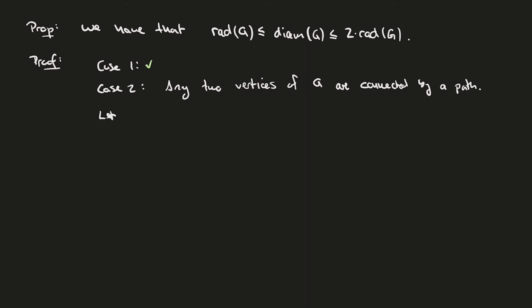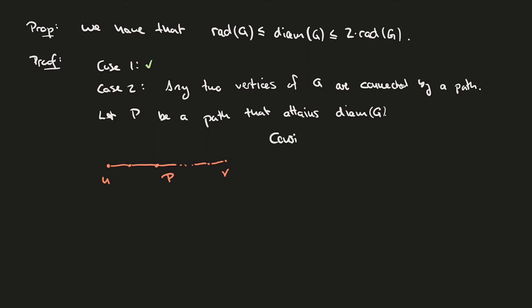We now let P be a path that attains the diameter of G. Thus P joins two vertices, u and v, and these are the two vertices that have the largest distance in G. And P is the shortest path between these vertices.